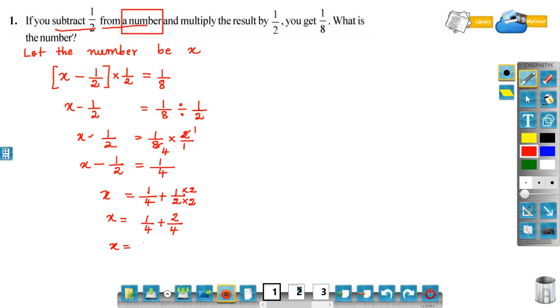Therefore x is equal to 3 by 4. We have taken x as the number, so the required number is 3 by 4.